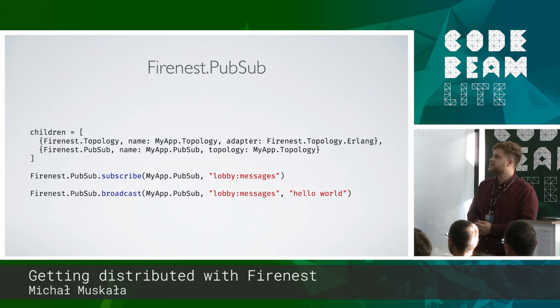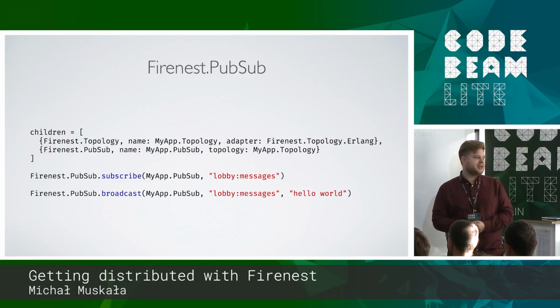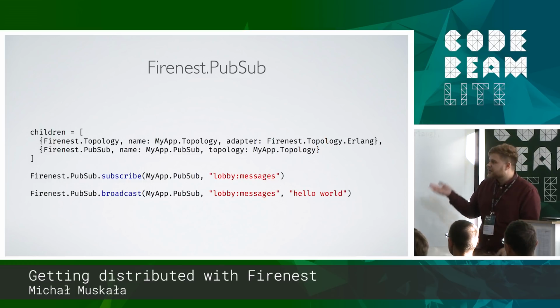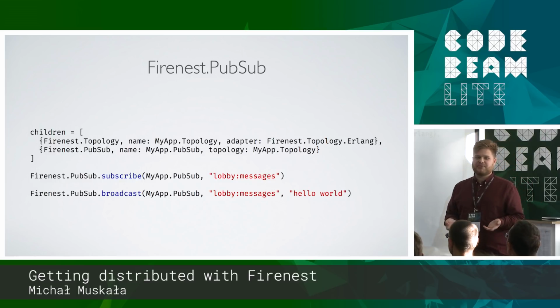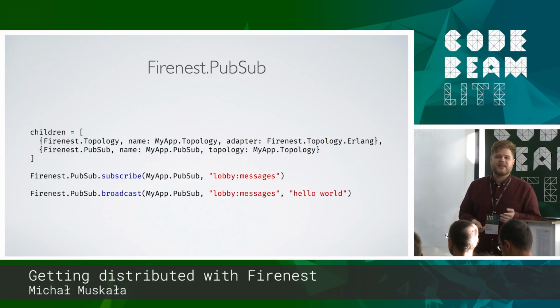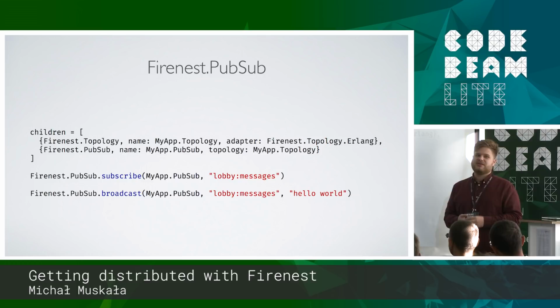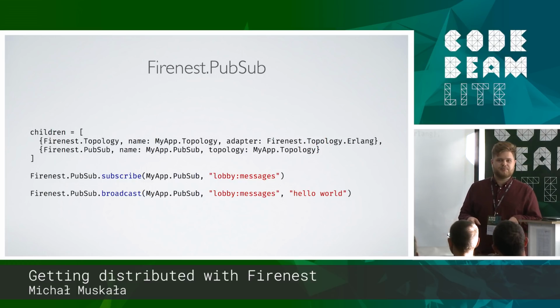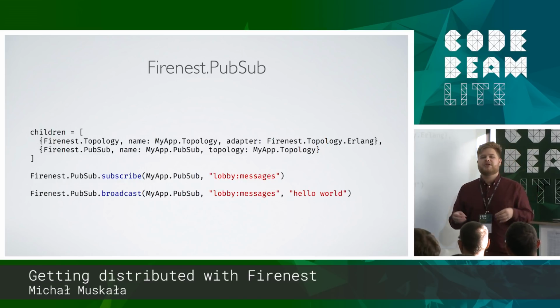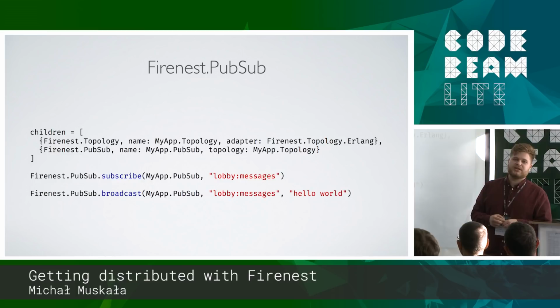The PubSub is a very simple thing. It's basically also started in your supervision tree. You can subscribe to a topic, and then you can publish messages on particular topics, and that's it, basically. But what I think is interesting is that it's implemented both on top of Firenest topology for the communication between nodes, but within the node for publication, it uses Elixir registry.